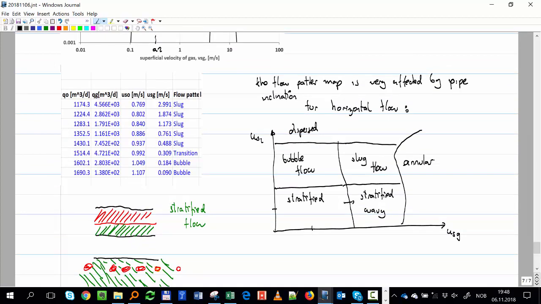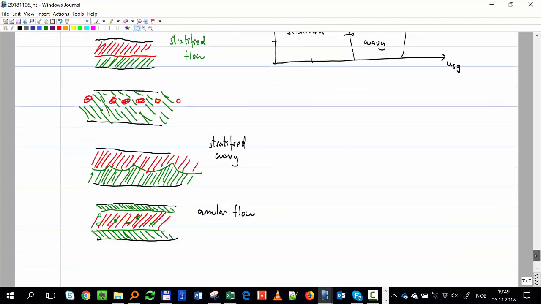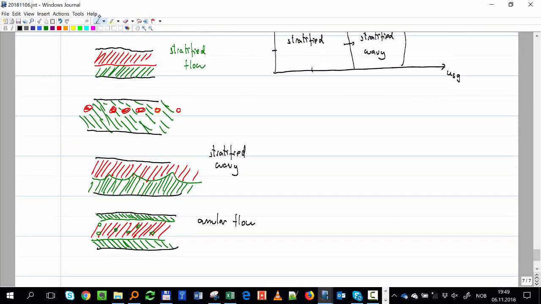The main difference with vertical flow is that you have this stratified regime, and you see the shape of the border change pretty much. But the main change is these two, stratified. And I'm presenting it here because it's relevant for two things. It's relevant for deviated and horizontal wells.